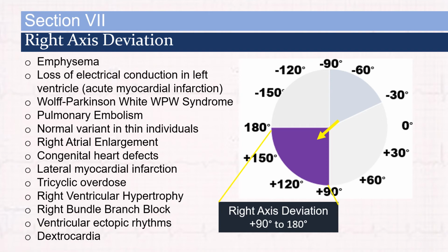This may actually be a normal variant in thin individuals, right atrial enlargement, congenital heart defects, lateral myocardial infarct, tricyclic overdose, right ventricular hypertrophy, right bundle branch block, ventricular ectopic rhythms, and dextrocardia.